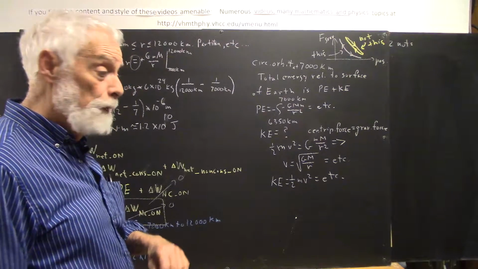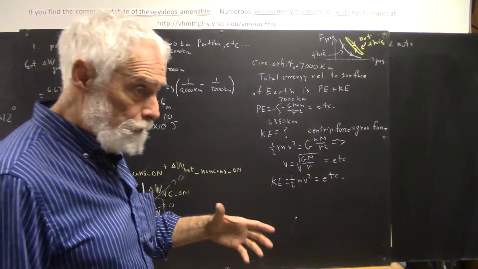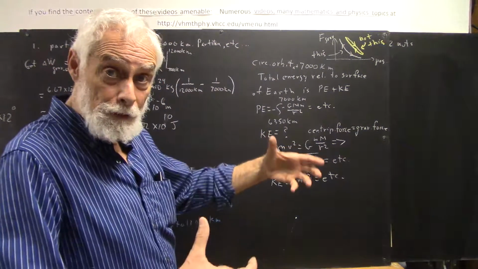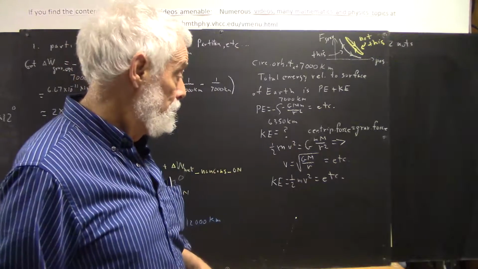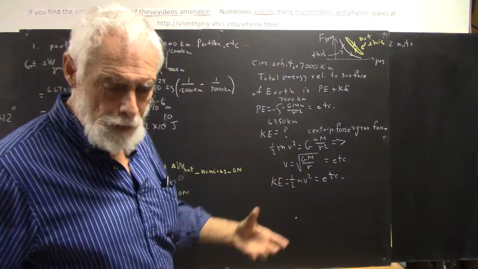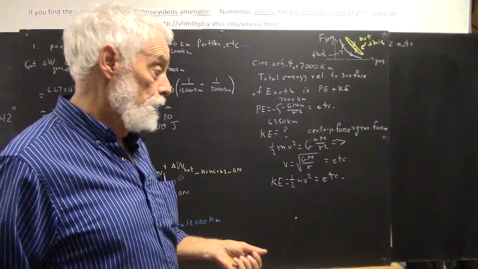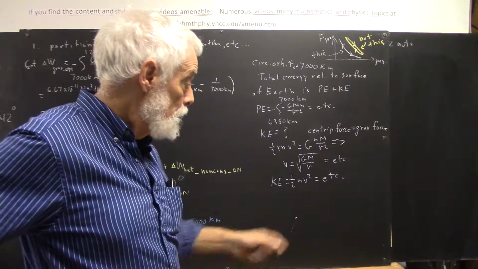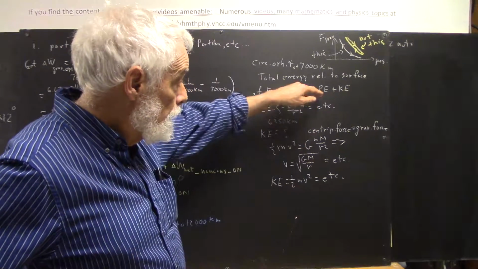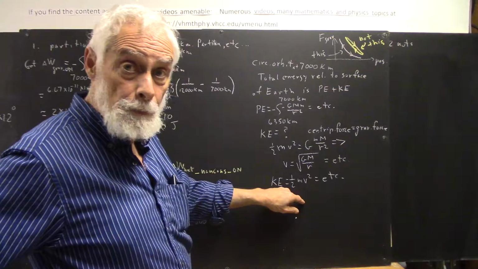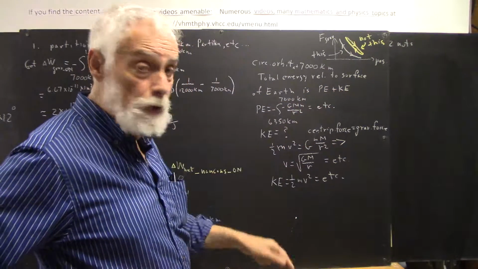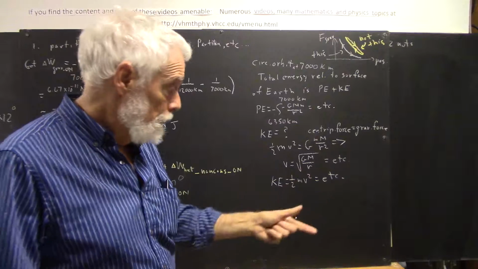The fuel has to carry much more energy than that because the fuel has to raise itself and the rocket as well as the payload. So you've got to have a tremendous amount of energy in the rocket fuel. That's a different subject, okay? So the idea of potential plus kinetic energy relative to the surface of the Earth is very relevant in rocket science.